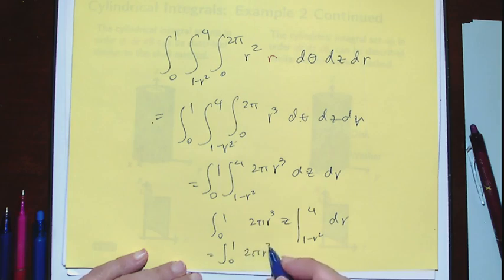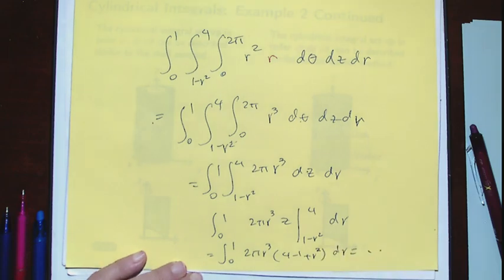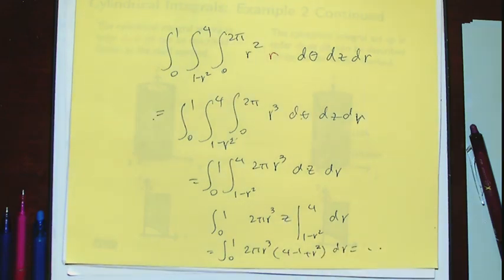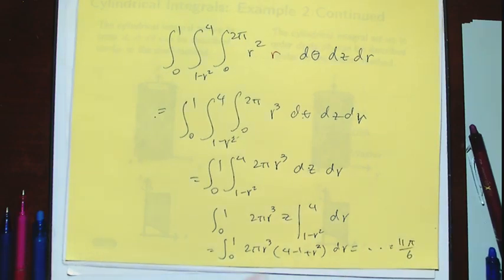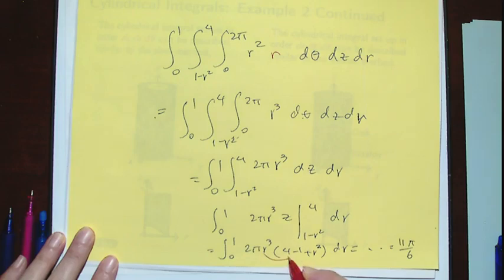So 2 pi r times 4 minus 1 plus r squared dr, and I lost interest after that. It's 11 pi over 6. You have to distribute and find it.